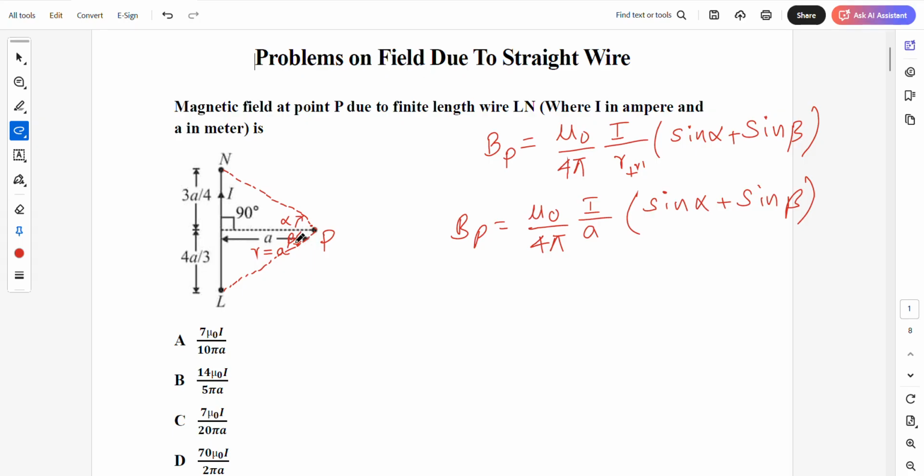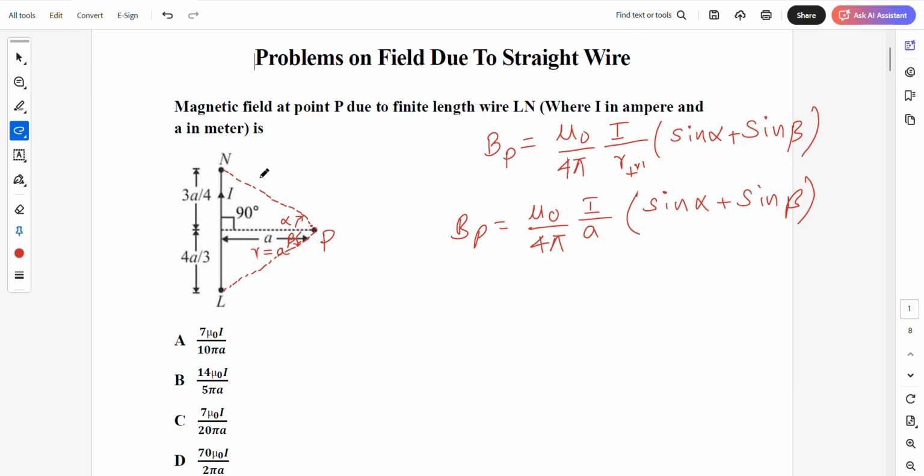What is sine alpha? Sine alpha is equal to opposite by hypotenuse, that is 3a by 4 is given, but you do not know PN. How to calculate PN? The square on the hypotenuse is equal to the sum of the squares on the other two sides. I can use Pythagoras theorem to calculate PN.